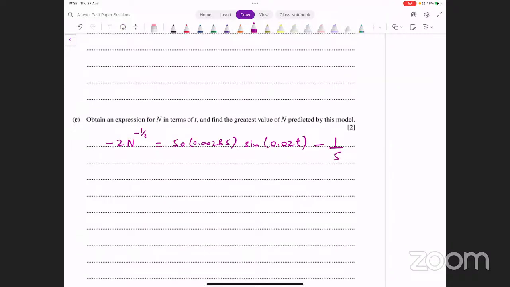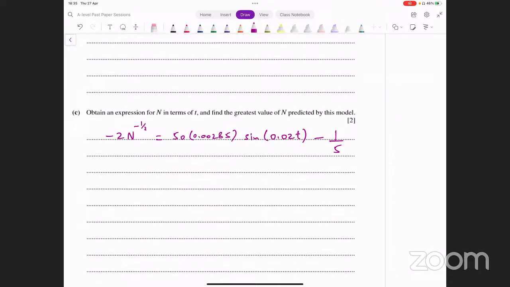And now we make n the subject. n subject कैसे बनेगा?